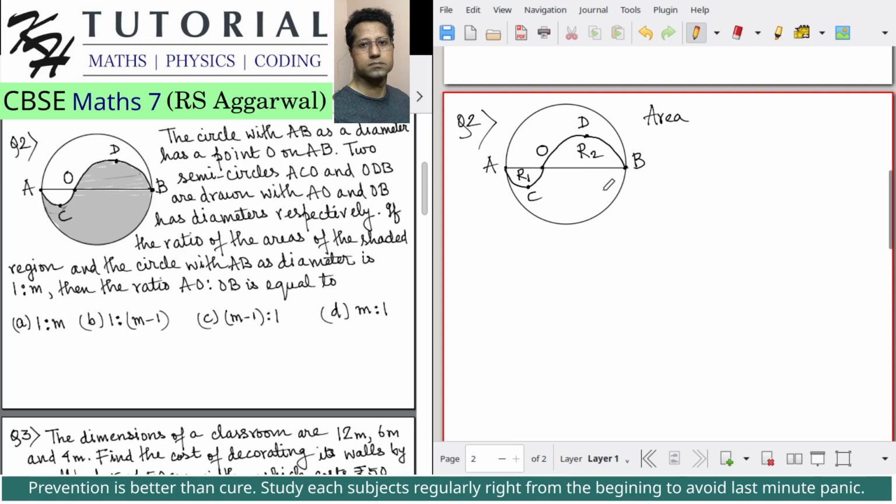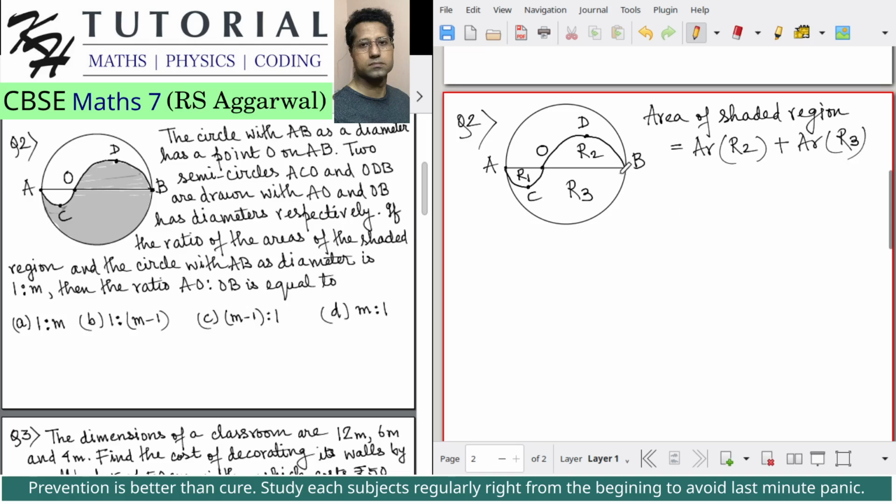The lower semicircle with AB as diameter minus the semicircle ACO, let that region be R3. So basically the area of the shaded region, we can clearly see, is equal to area of R2 plus area of R3.